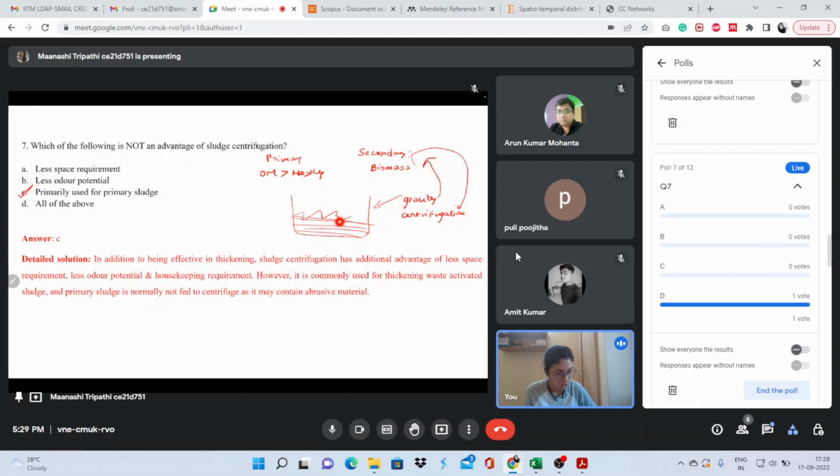See, it is commonly used for thickening waste activated sludge, means biological process, and primary sludge is normally not fed to a centrifuge as it may contain abrasive material. Okay, because there are some inorganic particles as well, so during centrifugation they may harm the walls of the centrifuge. So gravity separation is easiest as well as cost effective, so one will go for gravity separation all the time. But what happens in secondary? Due to biomass it won't settle properly. That is why we go for centrifugation. This is how you can remember it.